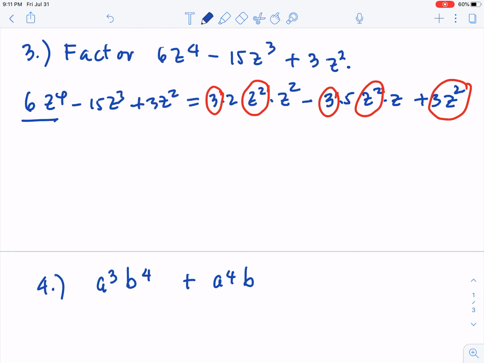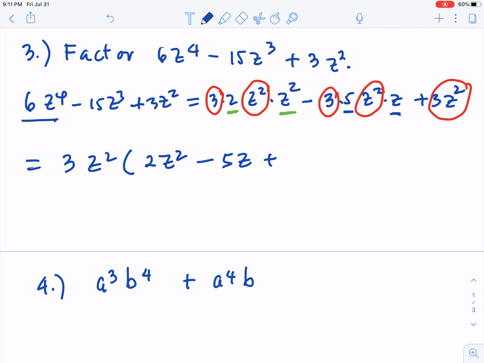So, pag nilabas ko yan, that's equal to 3z squared. Ano ang natira dun sa first term? Meron tayong 2, tsaka meron tayong z squared. Then we have a minus here. Ano ang natira? 5 at saka z. Sa dulo, ano natira?